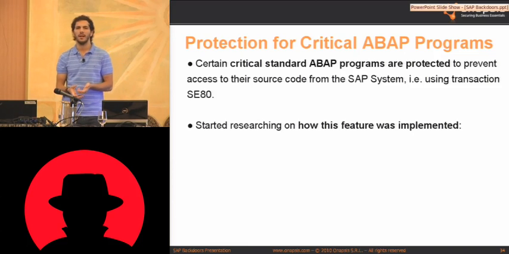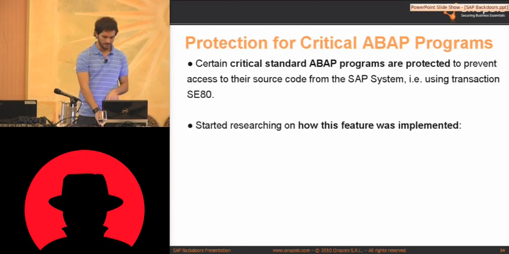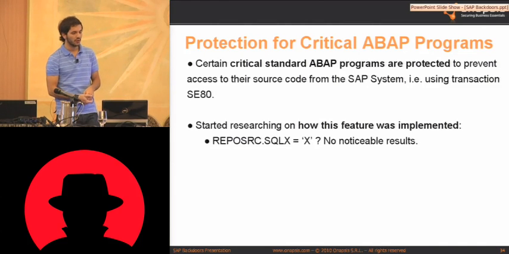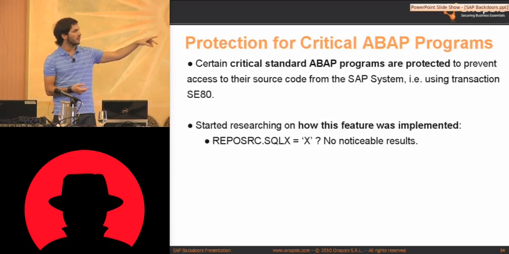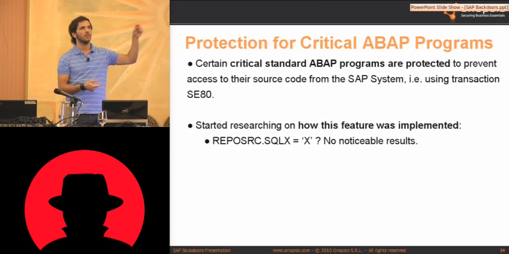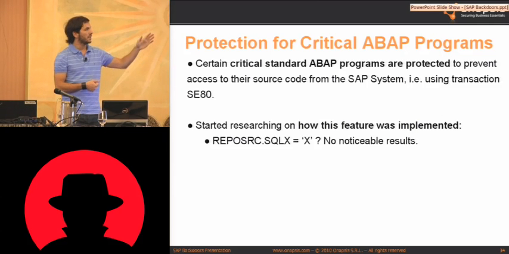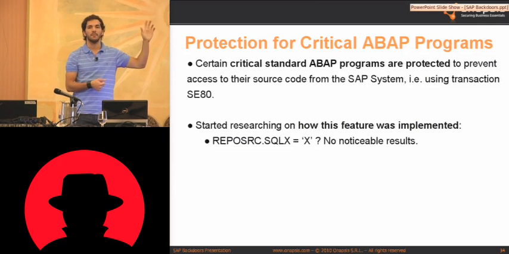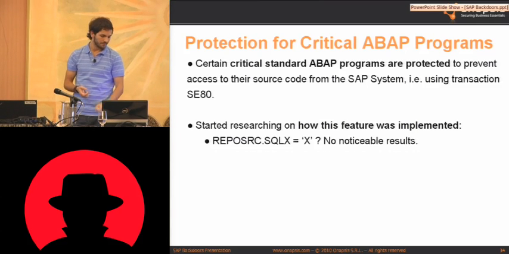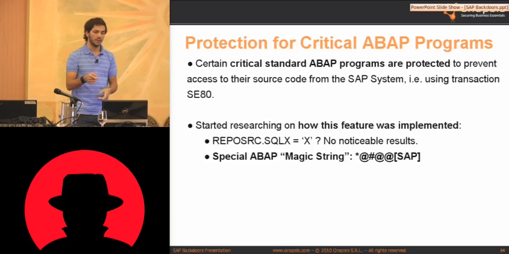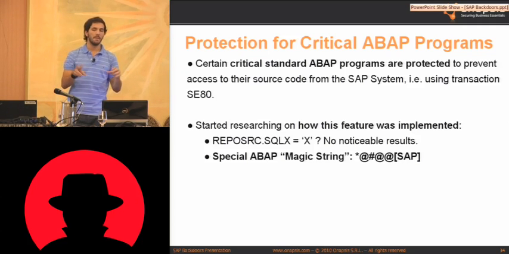So I was kind of trying to figure out how this was implemented in the system. The first thing that I saw was this report table where the source code is stored, contained a field, SQLX, that was described as source code protection. So I removed the X for many reports, but I still couldn't access them. So then I realized, I also found it online later on, that there was a special ABAP magic string.